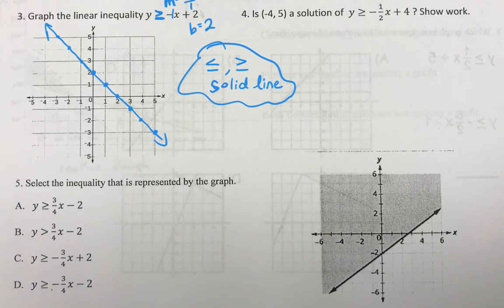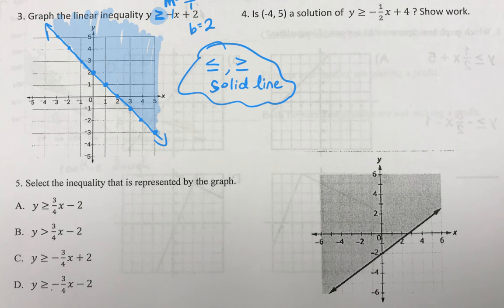Also, because it's a greater than, we're going to shade above. So shade the region above that line. There it is. So that tells me where the solutions are for that inequality.